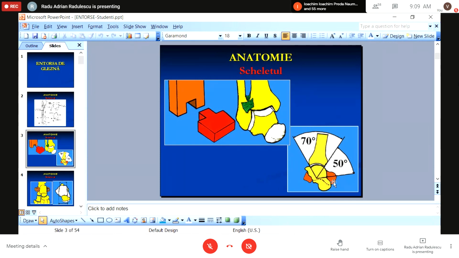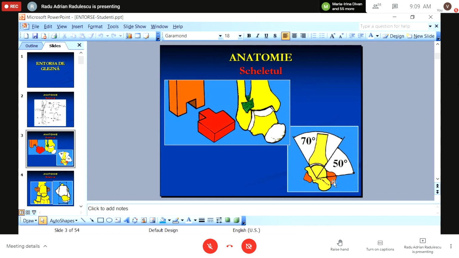Well, that depends very much on the training of the person, and depends on sex, of course, because in women the ligaments are more elastic. So in women the ligaments have a higher percentage of elastic tissue. That's why the range of motion of their joints is higher than in men.